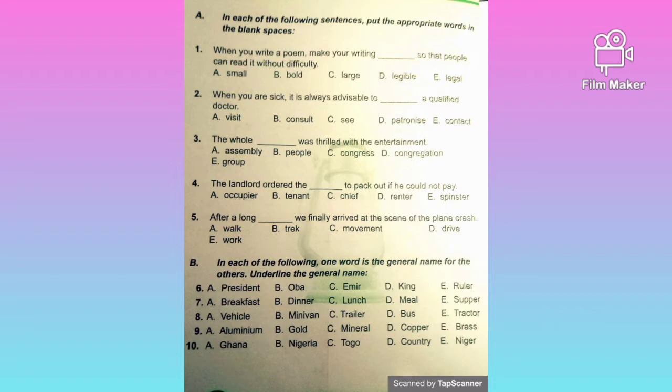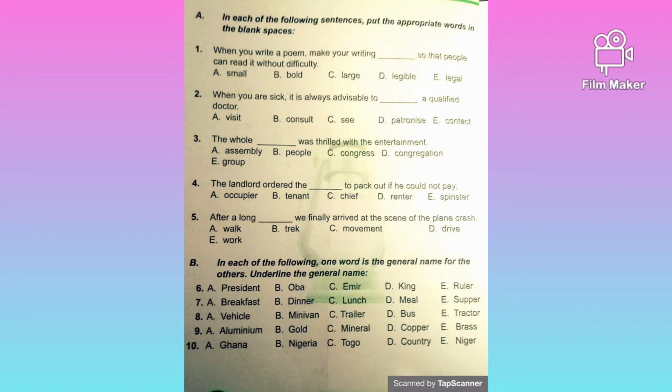Okay, see a qualified doctor, patronize and contact. The best option amongst these is consult. When you are sick, it is always advisable to consult a qualified doctor. Do you understand? The others may be correct, but there's always one particular one that fits better.